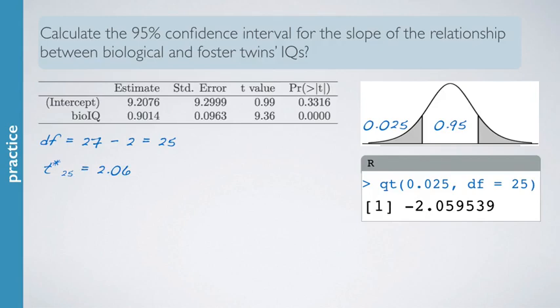We know our slope estimate, 0.9014, plus or minus 2.06 as the critical value, times the standard error that also comes from the regression output, gives us 0.7 to 1.1 as our confidence interval.